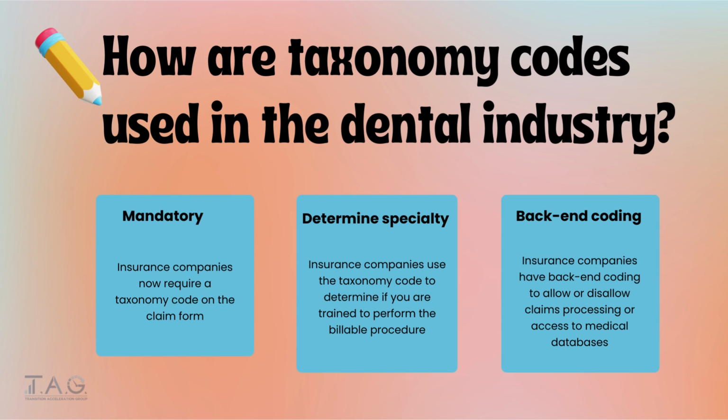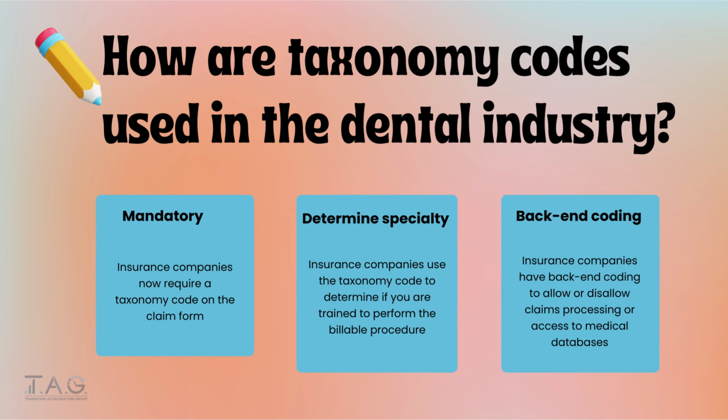So if you are submitting medical codes, CPT codes, to an insurance company for reimbursement, and the code was used by another specialty, immediately the insurance company would deny the claim because they will identify, based on your taxonomy code, you do not have the education or specialty in order to perform a spinal surgery or removal of the lesion of the lower leg.